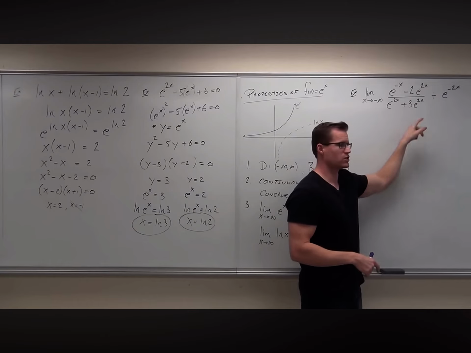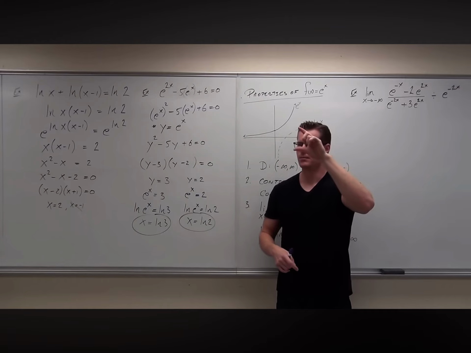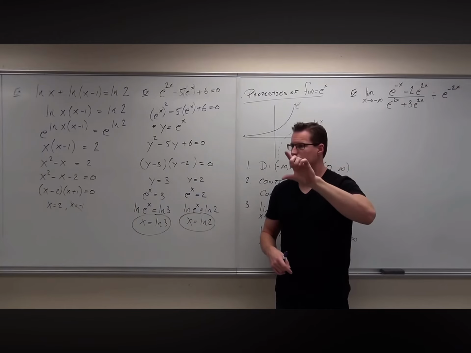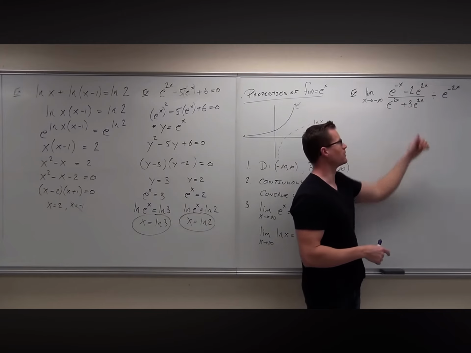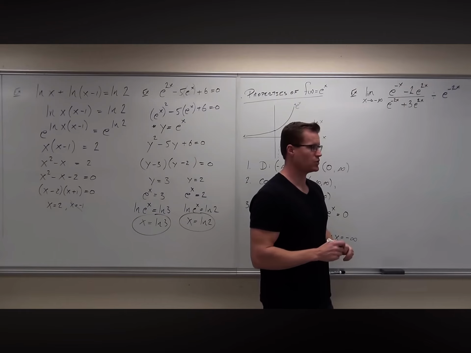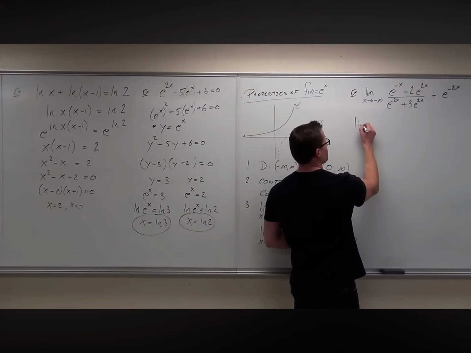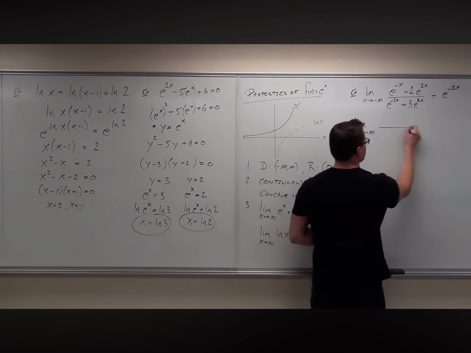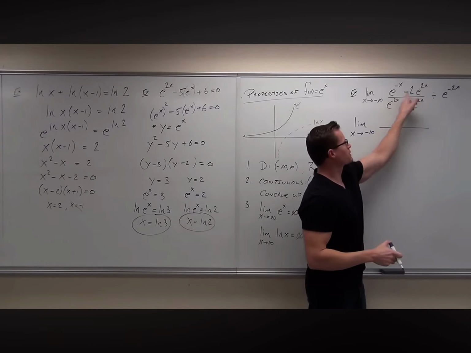Otherwise, if you divide by the wrong thing, you can get a 0 in the denominator, which of course we can't have. So you typically divide by some term down here. I'm going to divide everything by e to the negative 2x. Let's see if we can do this together. I'm still going to have a limit as x approaches negative infinity. Remember, when we divide, we're dividing every single one of these terms.